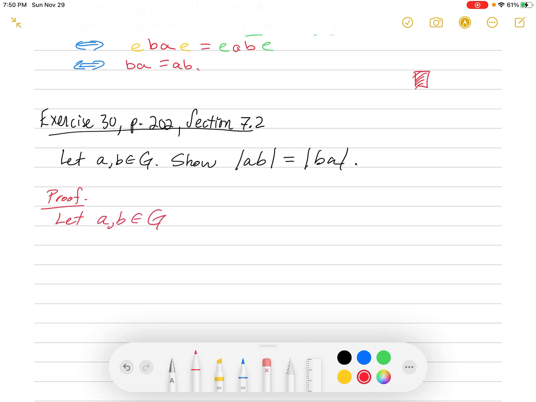Okay, so we're going to start off by declaring A and B are elements of a group G. We're going to say AB's order is M, and BA's order is N. We're just giving those numerical designations.